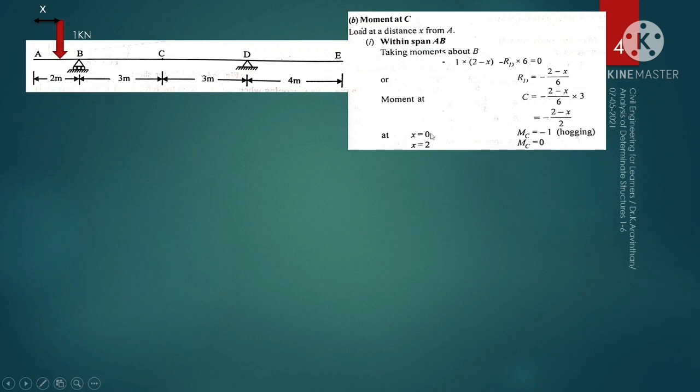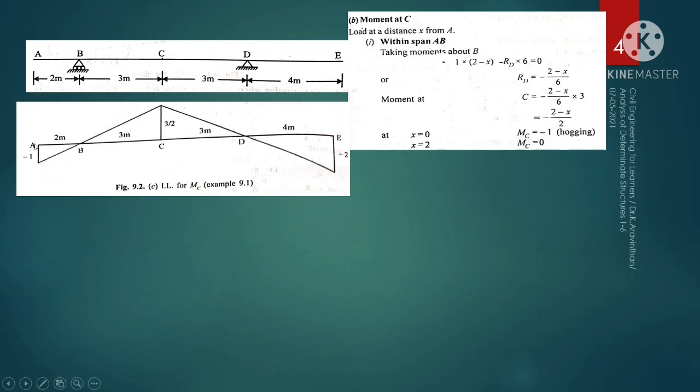Let us substitute x equal to 0 and x equal to 2. This will be the coordinates x equal to 0 and x equal to 2. If you substitute 0 here, 0 minus 2, so 2 by 2 will be 1. This minus comes along with this, and we have found that at the coordinate x equal to 0, you have minus 1.